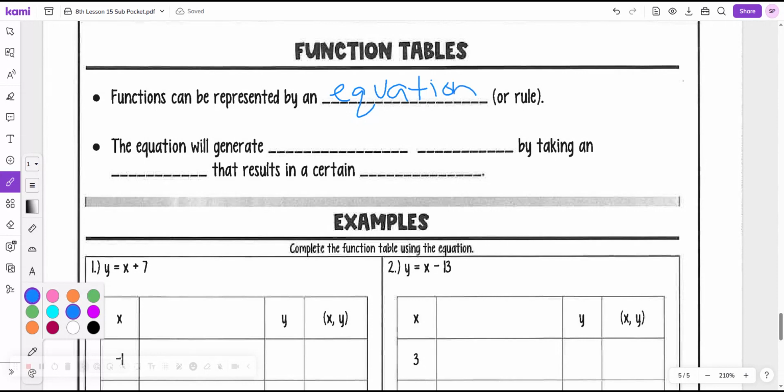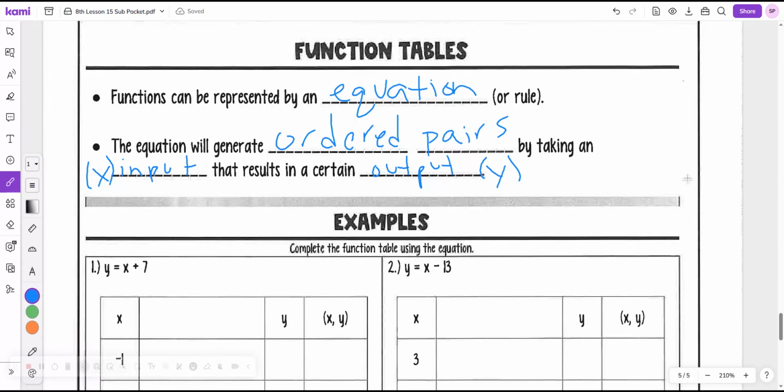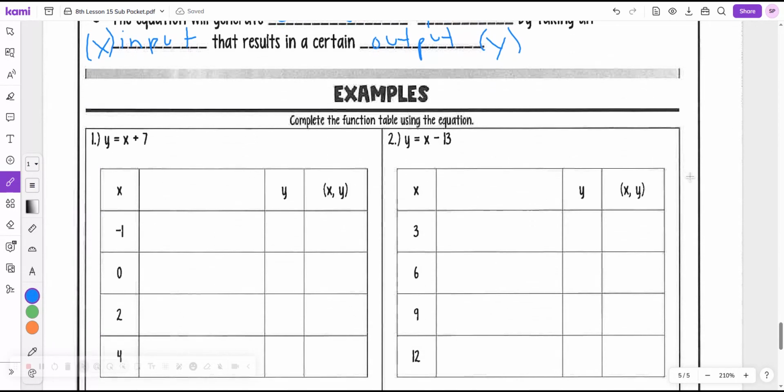The equation will generate an ordered pair by taking an input, which is your x, and that results in an output, which is your y. And then I will do an example for you.